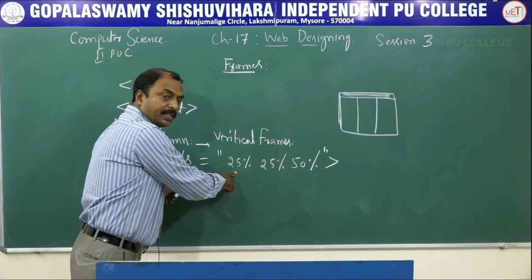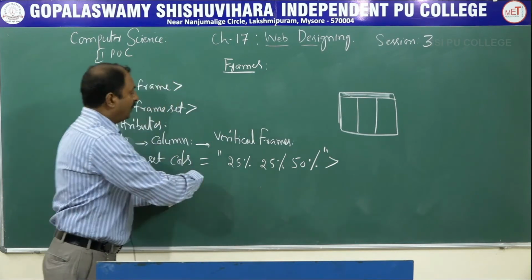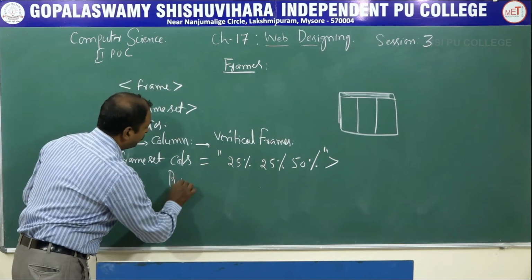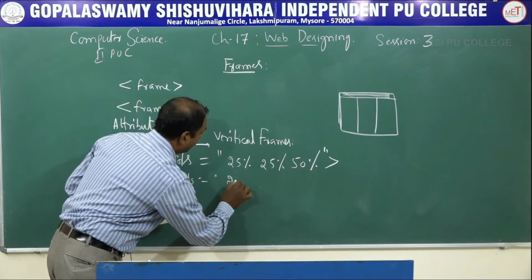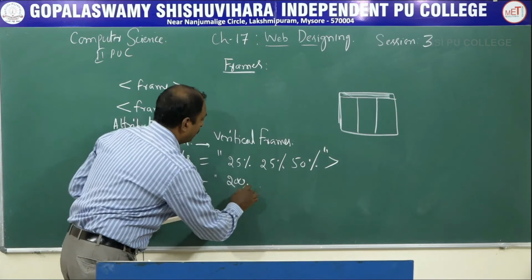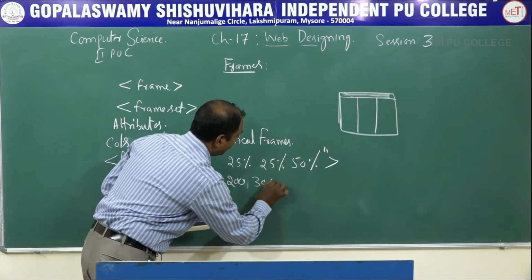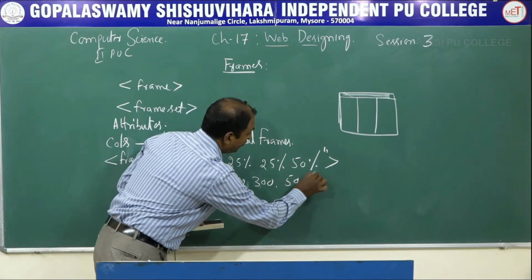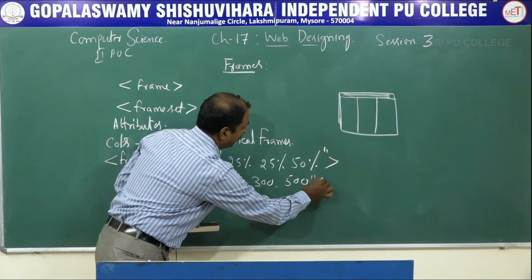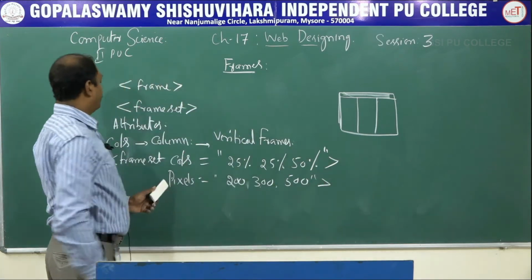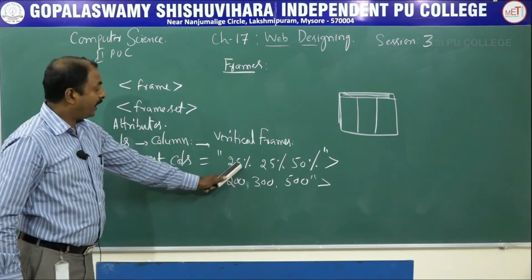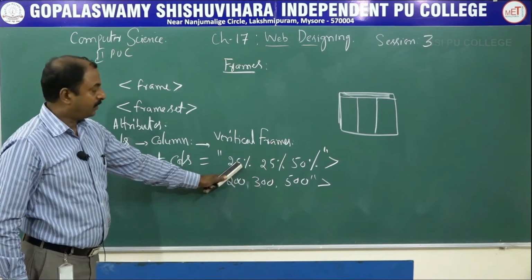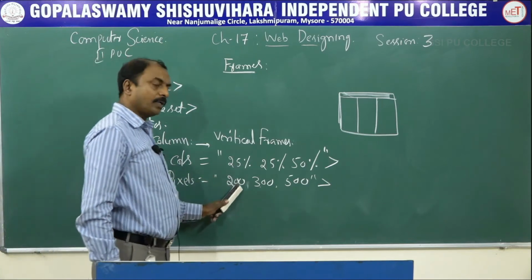In another method, instead of percentages, we can also represent the values with pixels, that is, we can write 200, 300, 500, and close this. Either way we can give the values, whether as a percentage or as a number of pixels.